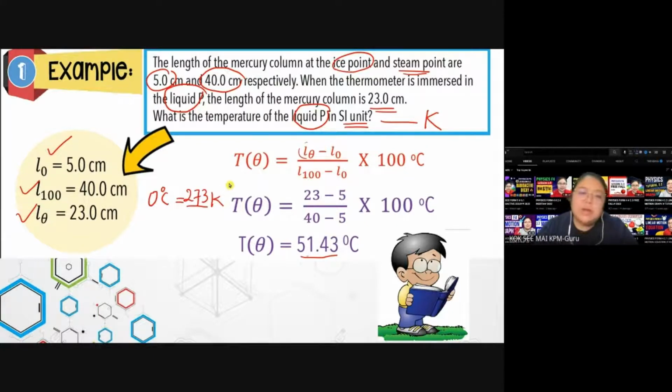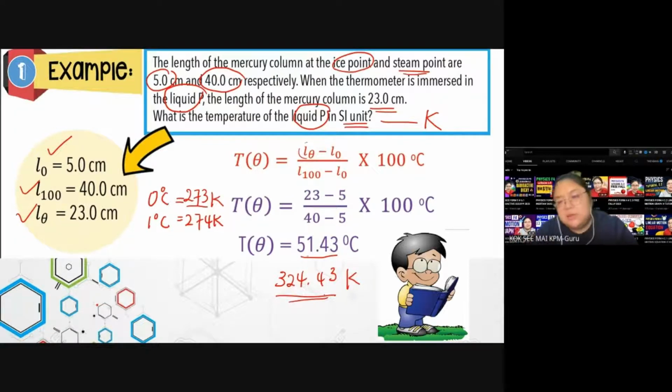So that means if I say 1 degree Celsius, you are 274. So from here now I'm 51.43, so you just plus 273. Okay, so your answer is 324.43 Kelvin. So this one is your answer.